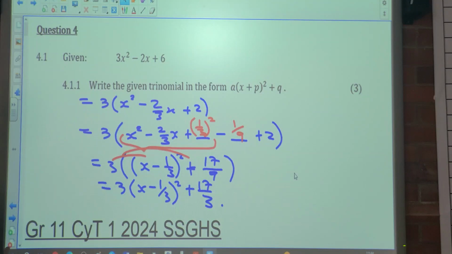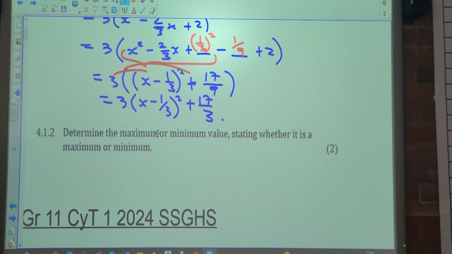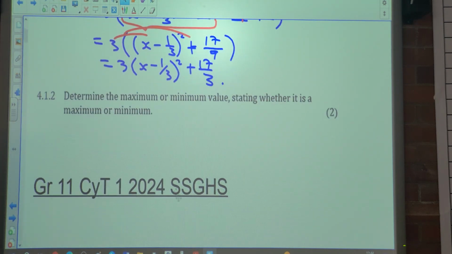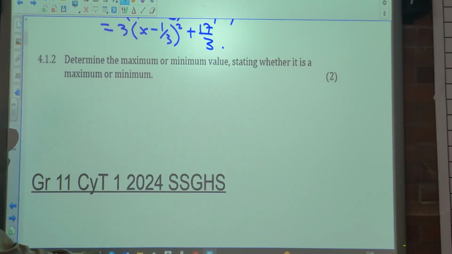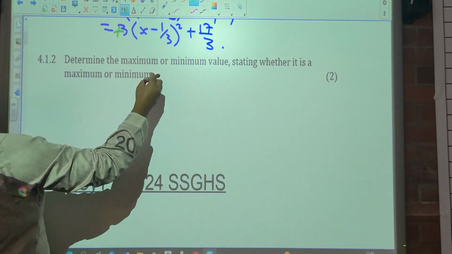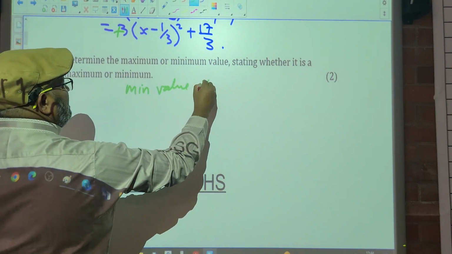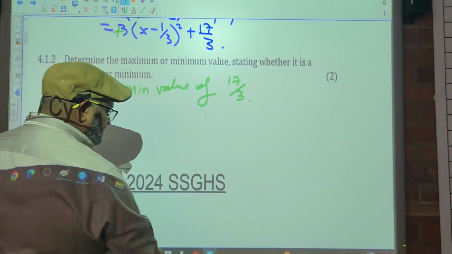Okay, any confusion there? No? Determine the maximum or minimum value. Does this graph have a maximum or minimum value? It has to be minimum. Why? Because it's positive here. So it has a minimum value of 17 over 3.